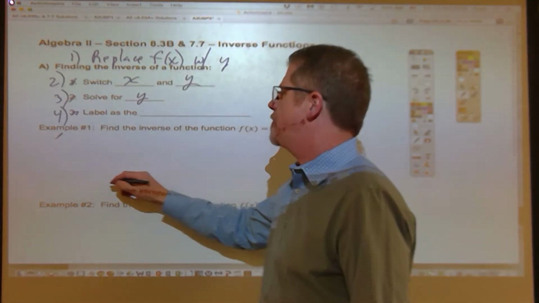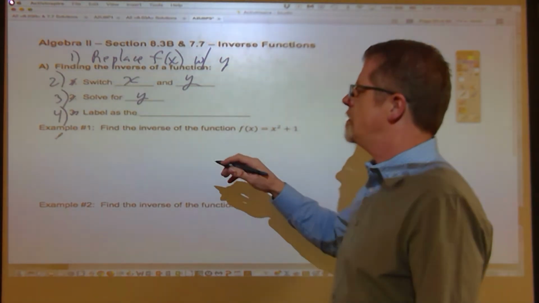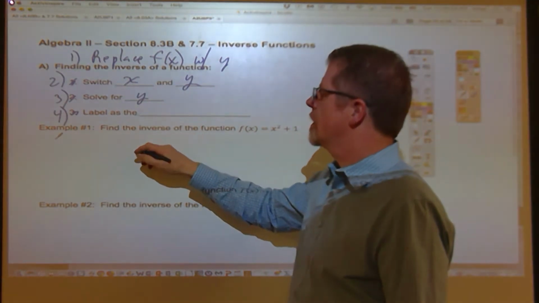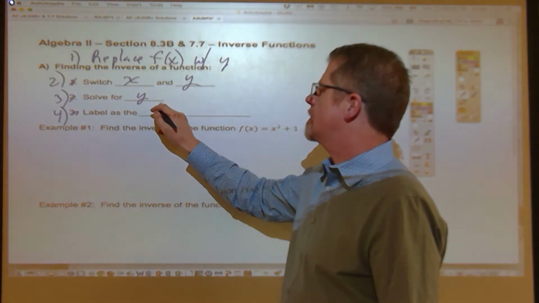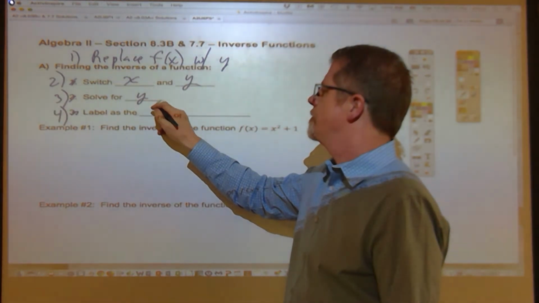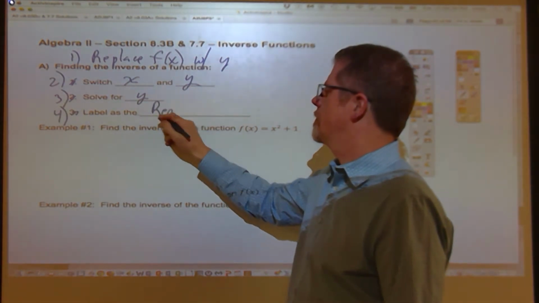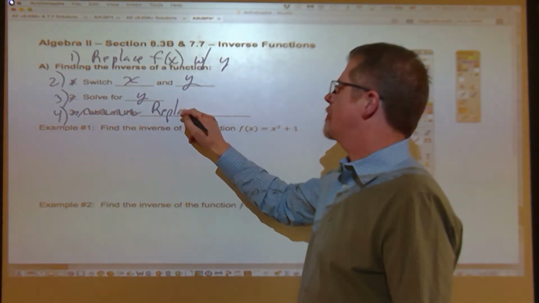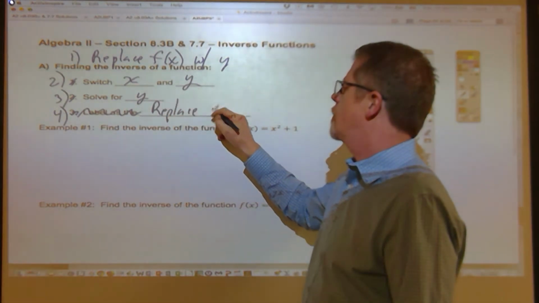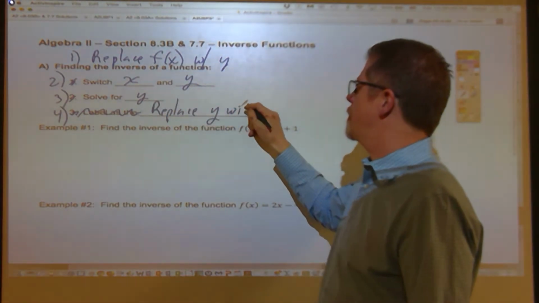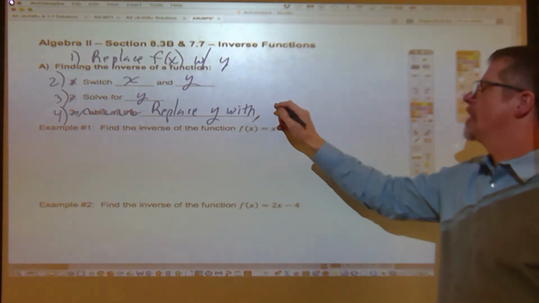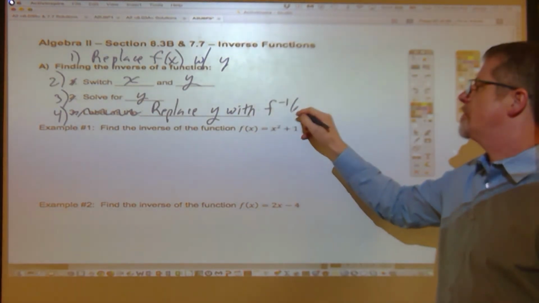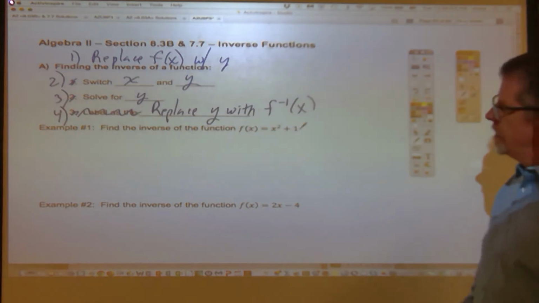Then the fourth step is to replace y with the symbol f inverse of x.